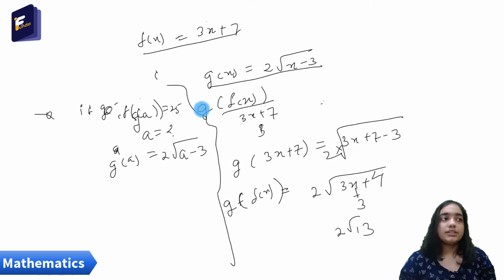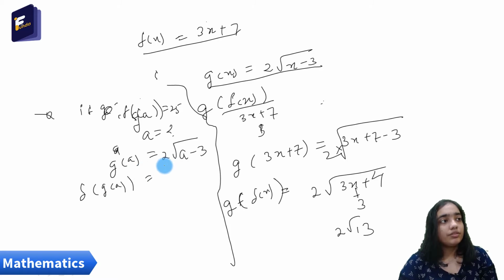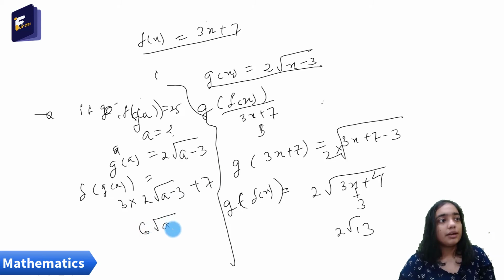Now we have to find f of g of a. Here we have to put g of a inside the function f. So it will be 3 into 2 root a minus 3 plus 7, which is equal to 6 root a minus 3 plus 7.